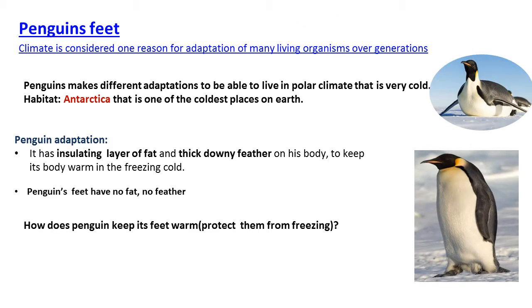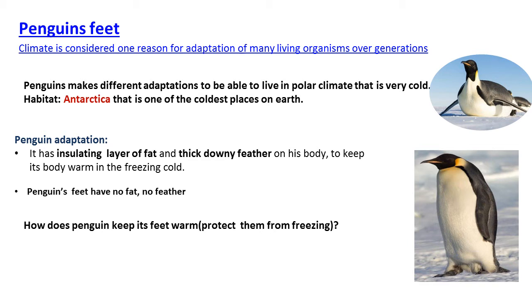What about the penguin that lives in extreme cold climate in the polar region called Antarctica, at the south pole of Earth? That is one of the coldest places on Earth. How can penguins survive in this cold environment? Penguins have an insulating layer of fat on their bodies. Fat keeps the body warm.